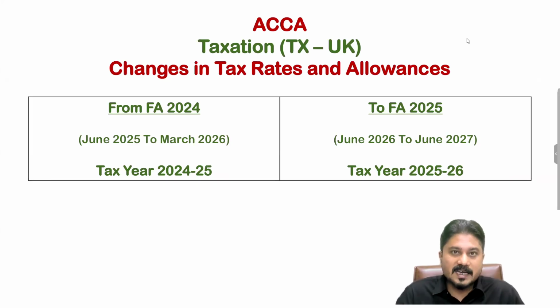But Finance Act 25 is applicable to 5 exam sessions starting from June 26 and ending on June 27. So that's a major change according to the applicability of Finance Act. So any one of you taking the TX exam from June 26 to June 27 has to prepare the TX paper according to Finance Act 25.